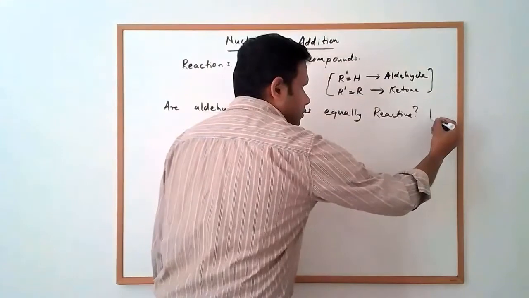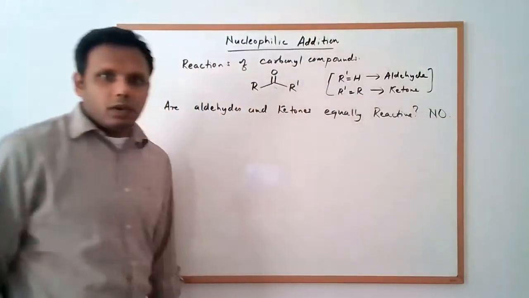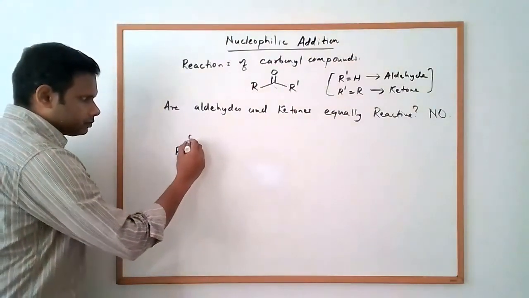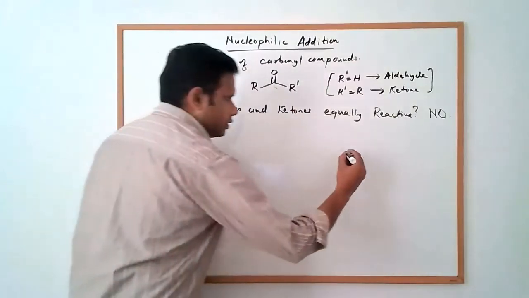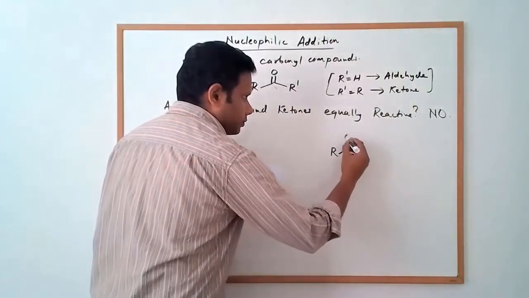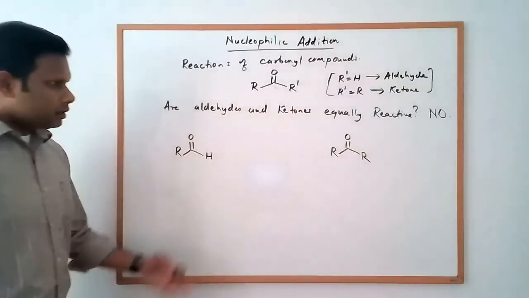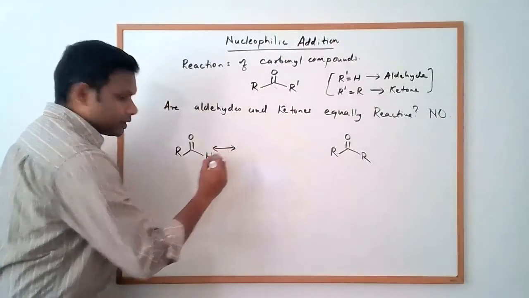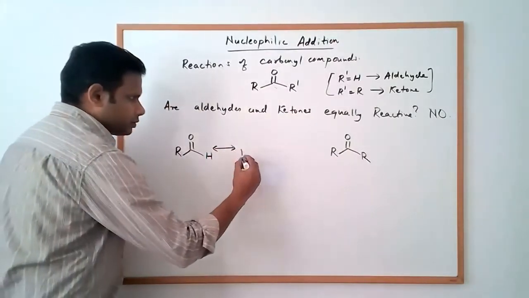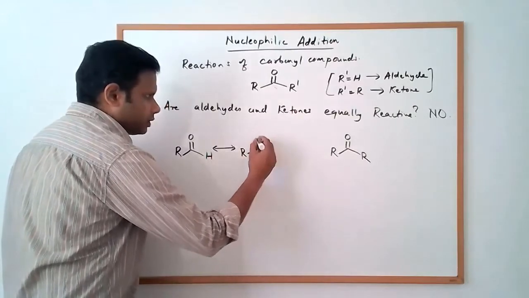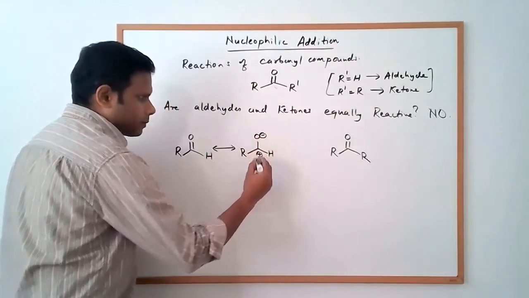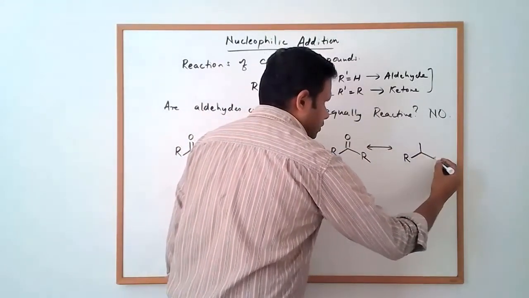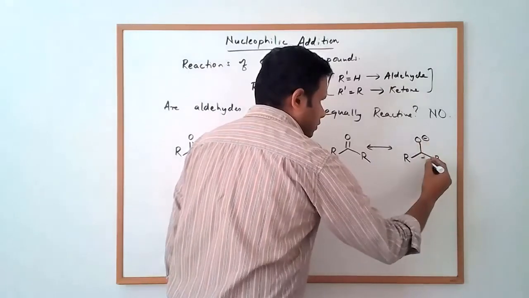And the answer to this is a big no. We will understand why. If we compare an aldehyde to a ketone, we can write resonance forms for both of them. So we can write a resonance form for the aldehyde, and we can write a resonance form for the ketone.